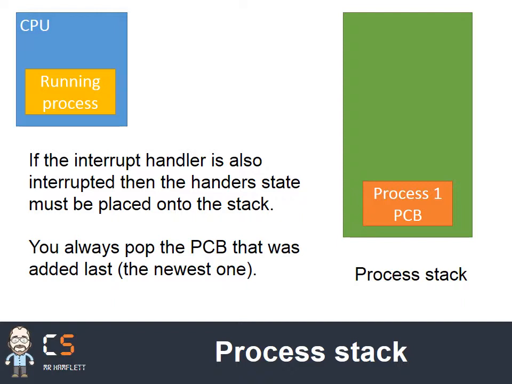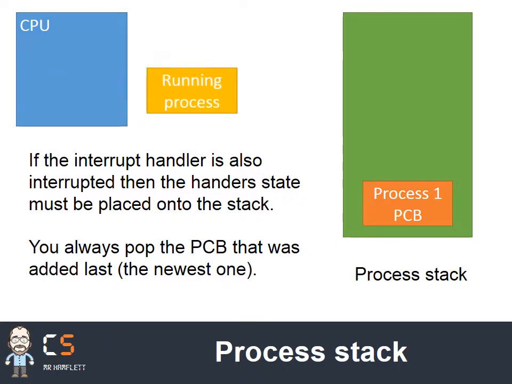So we copied the process onto the stack by creating a process control block, but interrupts are just processes. They themselves might be interrupted. If that's the case, we would create another process control block and then place that onto the stack. Then we need to restore it once the process is finished.